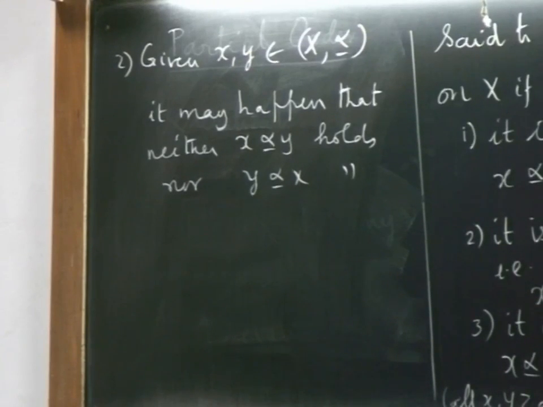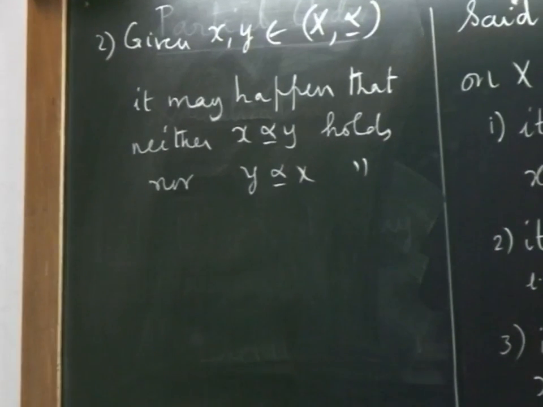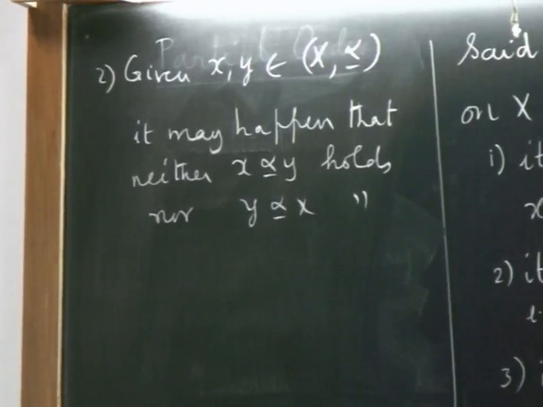And what antisymmetry says is that if we have two distinct elements, both cannot happen. If x and y are different, then x related to y and y related to x, both cannot happen.